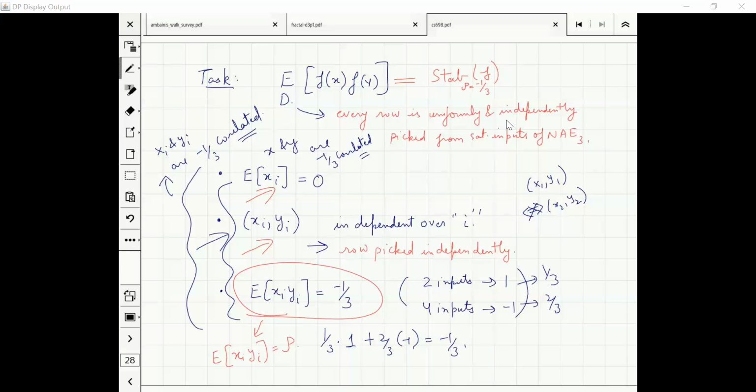Then the second row is not important. I am picking xi with probability half, since expectation of xi is 0 and it can only take value 1 and -1. That means I am picking xi uniformly. And then the last quantity will tell me that yi changes according to the rho correlated distribution.